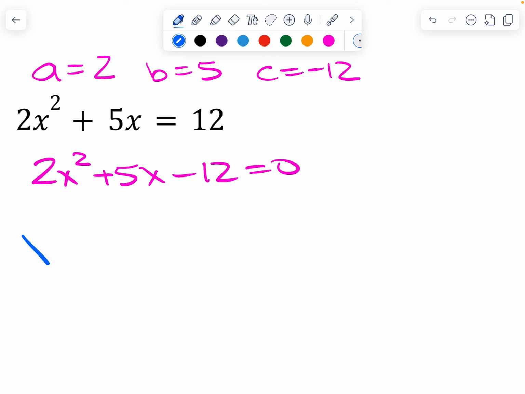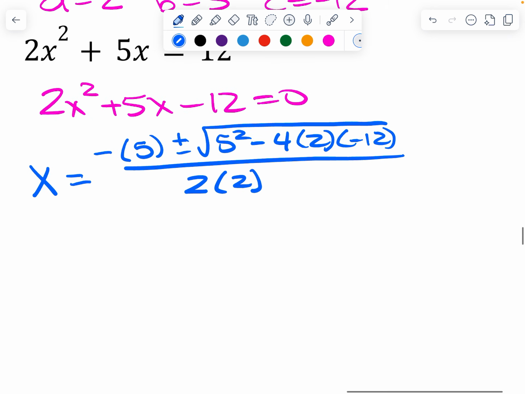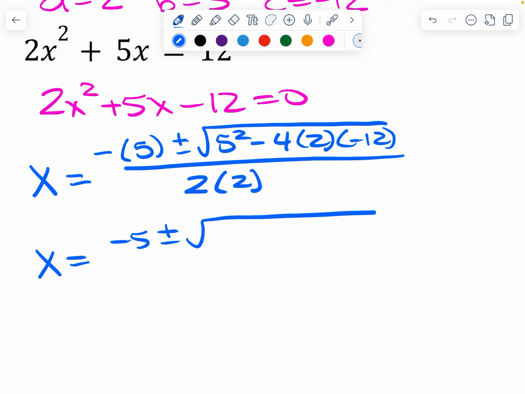So x equals negative b plus or minus the square root of b squared minus 4ac all over 2a. Okay, here we go. Negative 5 plus or minus the square root of 25, minus 4 times 2 times negative 12, so that would be 8 times negative 12, so plus 96, all over 4.